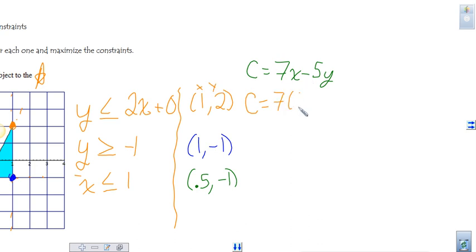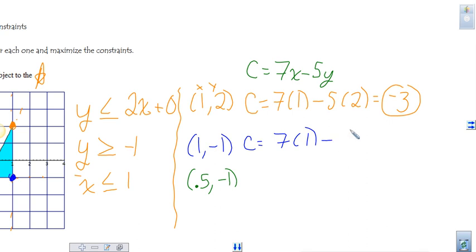So, 7 times 1 minus 5 times 2, that gives you -3. Then, this second one, 7 times 1 minus 5 times -1, should give you 12.